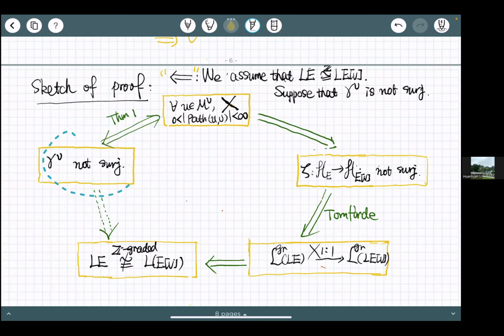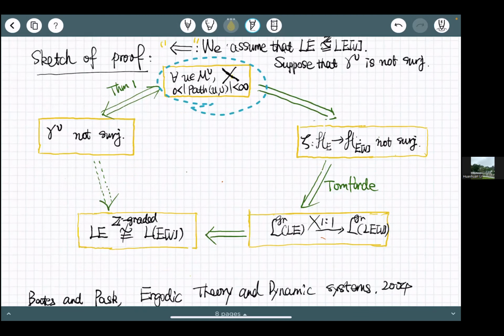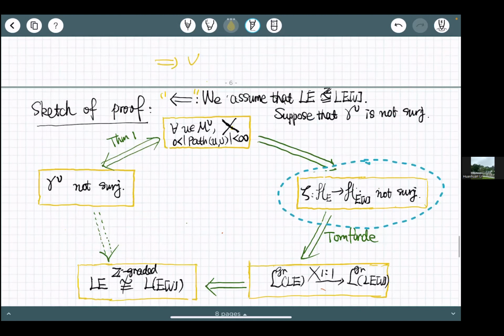So when gamma V is not surjective, that means this condition does not hold. And then using this, we can prove that this zeta map, which we defined before, is not surjective. This we need to prove.